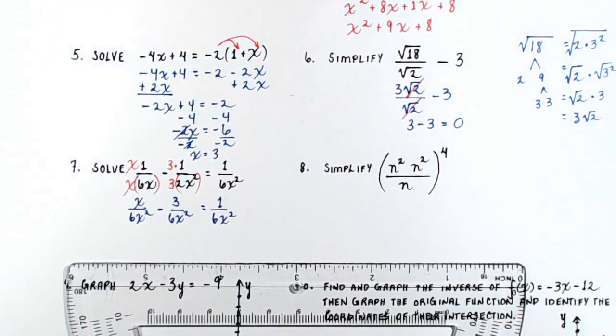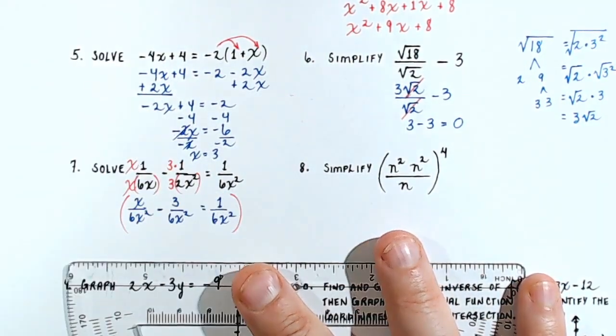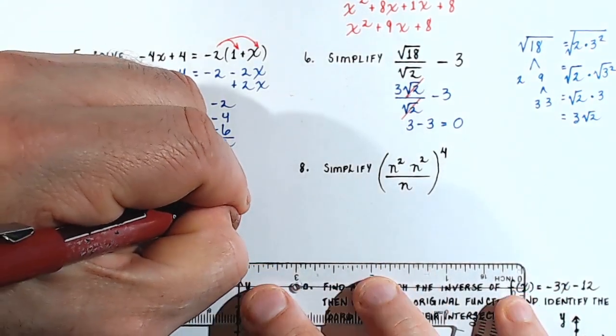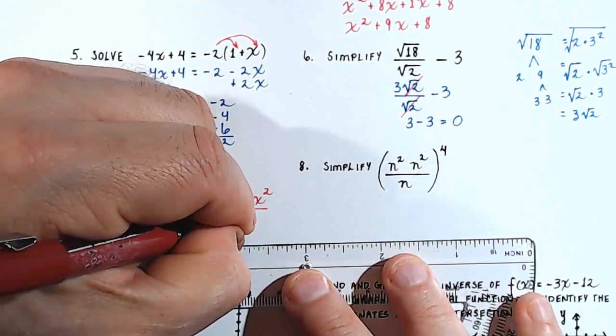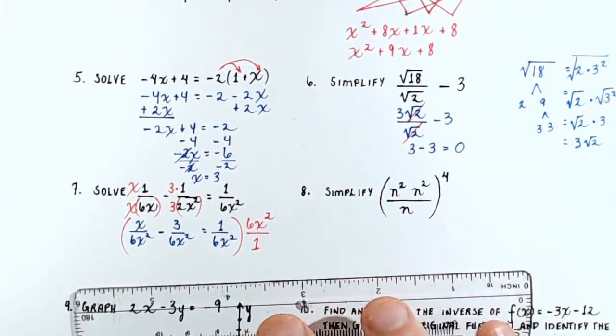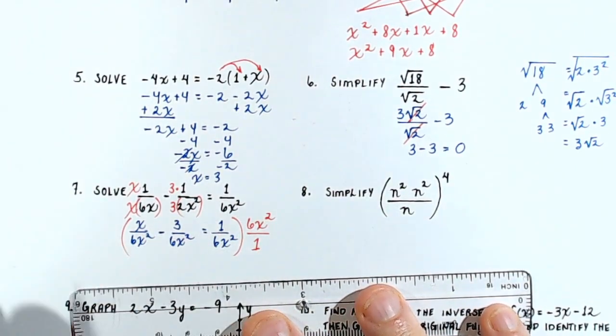Whenever I have a situation like this where I've got all the denominators the same, I can put the entire thing in parentheses and multiply through by 6x squared over 1. The benefit of doing that is I'm going to distribute multiply 6x squared through the entire equation.